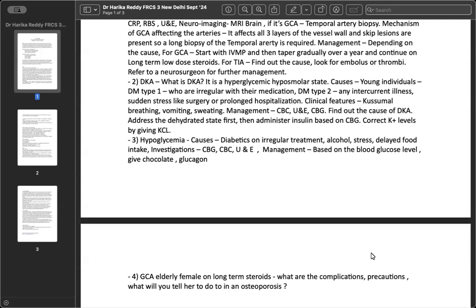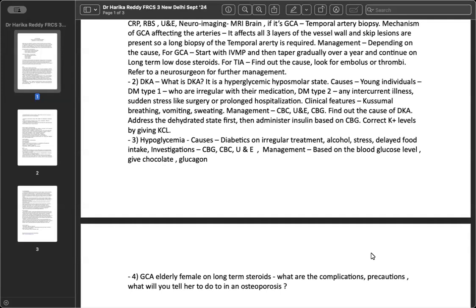Then he was like, okay, there are multiple complications, but in this female, let's say she's had 2 or 3 children, what exactly would you tell her? So then I told him to be careful to avoid falls, because she will have calcium deficiency on long-term steroids, and would go into osteoporosis and all that.